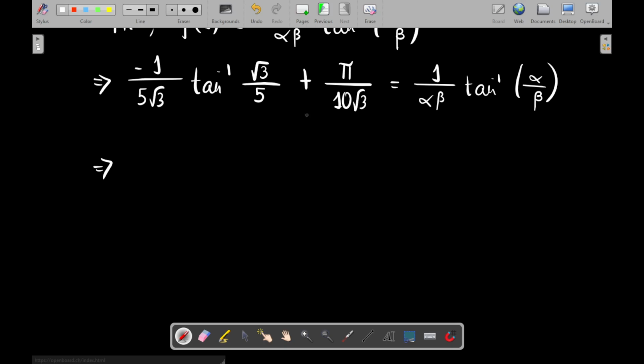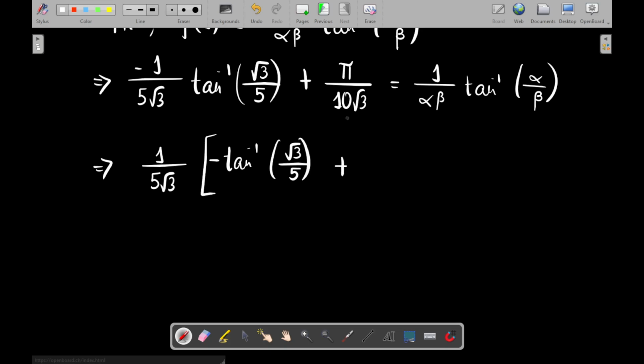So from these two terms, if we take 1 upon 5 root 3 common, then we are left with minus tan inverse of root 3 upon 5 plus, we are left with pi by 2, I believe, right? This is minus tan inverse and this is pi upon 10 root 3. So this is pi by 2 minus tan inverse x.